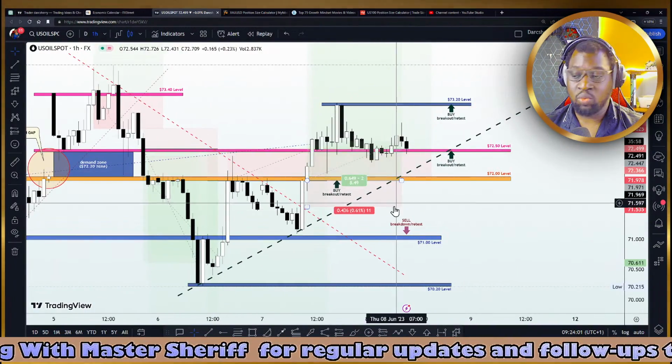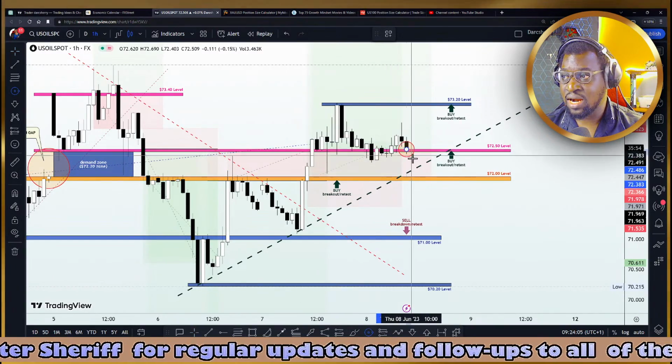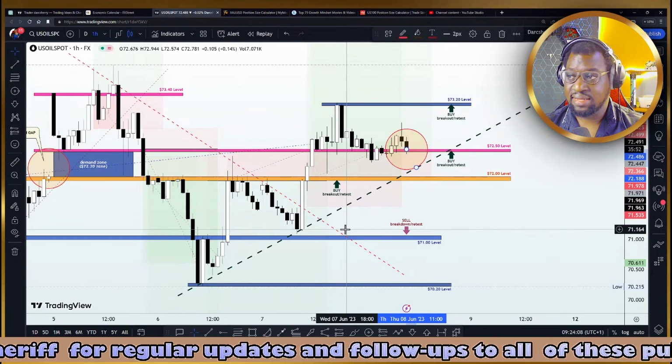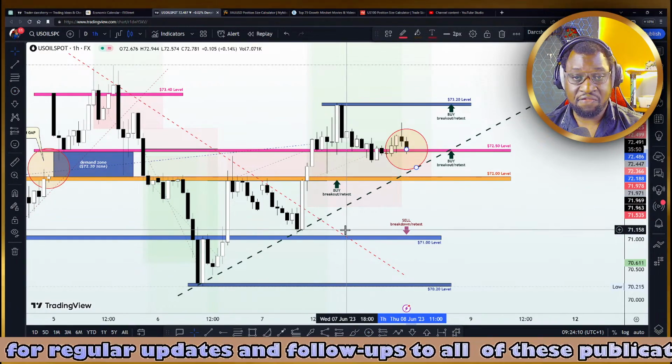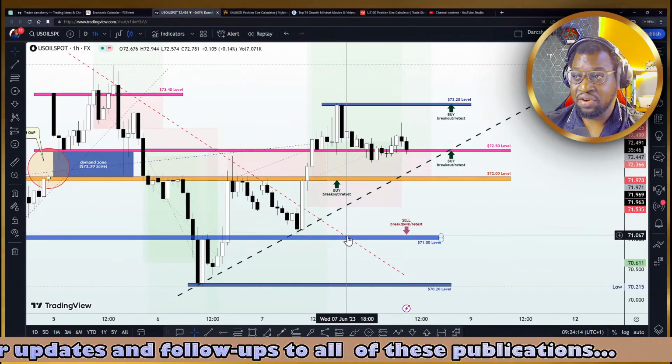And if you look at what we have here, price action still remains right around that entry point at the 72.50 level. So for me here, it's still looking very, very dicey.